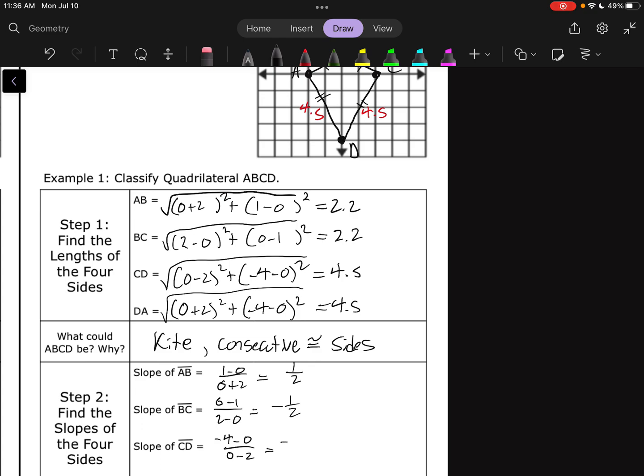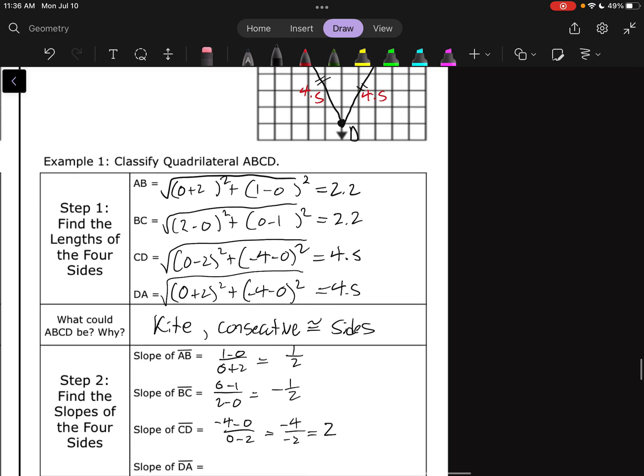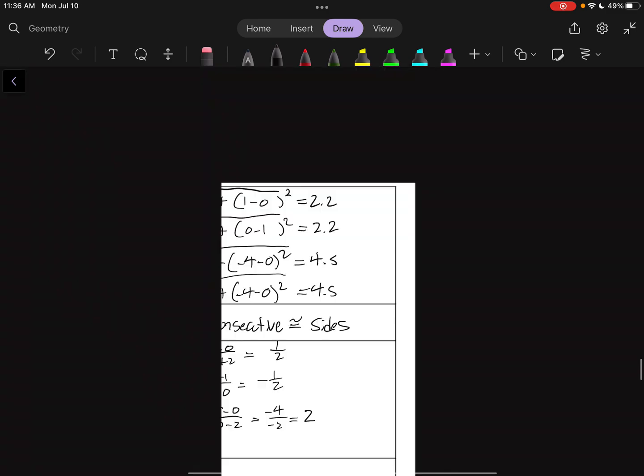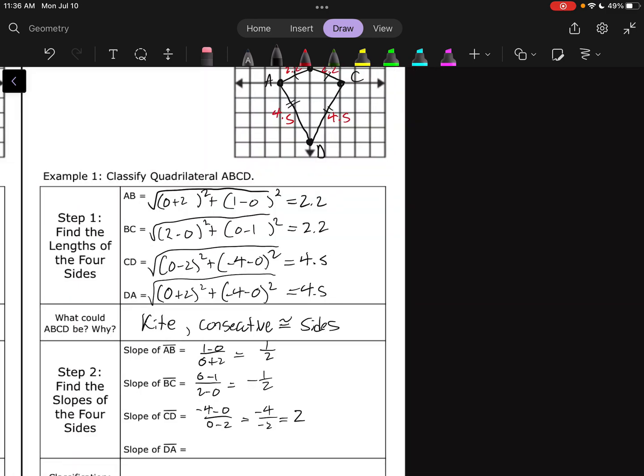That is negative 4 over negative 2, which is 2. And then for DA, I will do 0 minus negative 4, which would be 0 plus 4, over negative 2 minus 0, and that will give me 4 over negative 2, which would be negative 2.